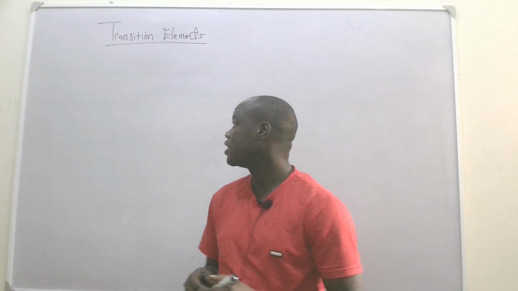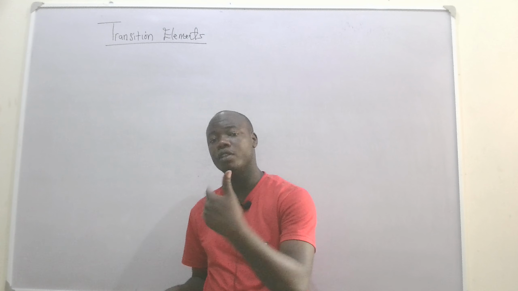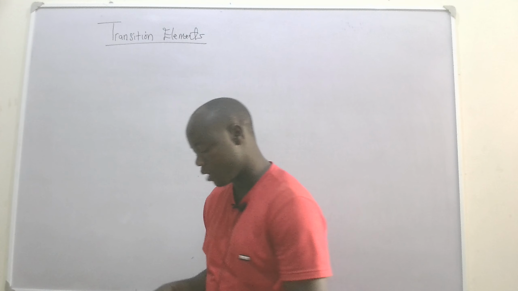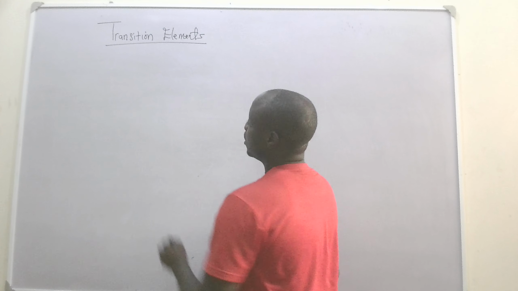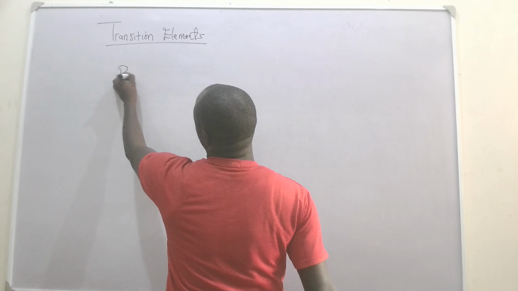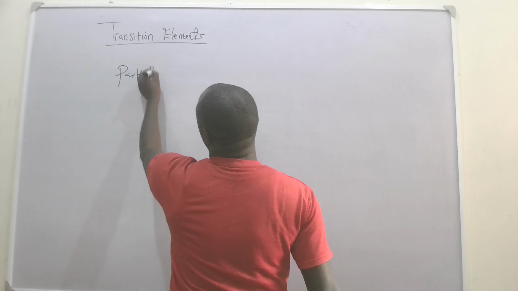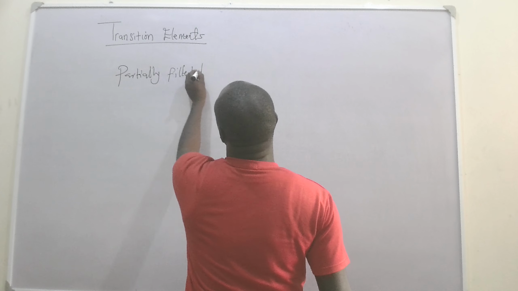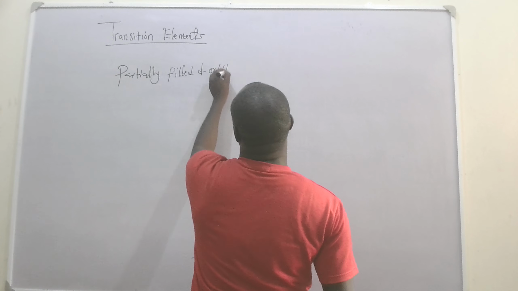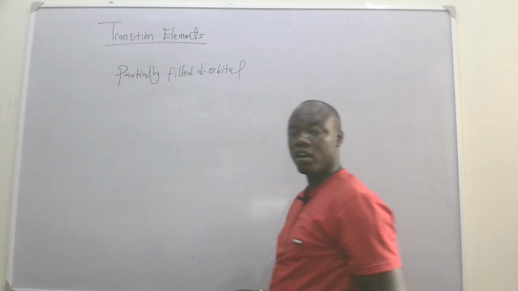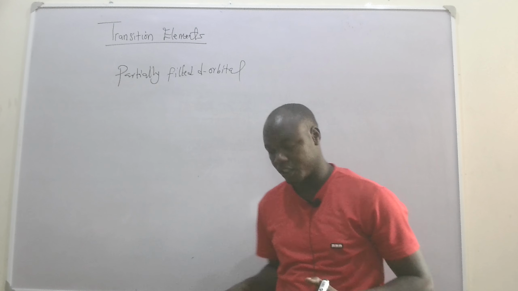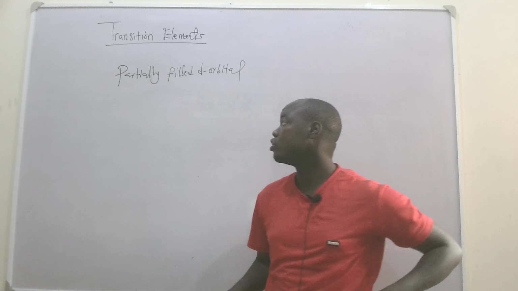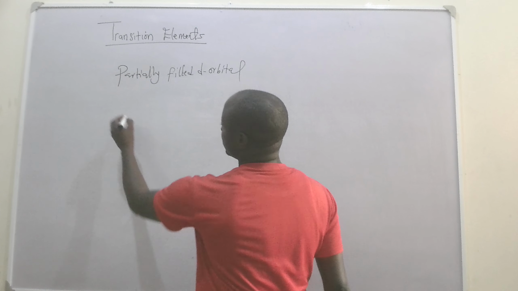So whenever you see an element that has a partially filled d orbital, that element is described as a transition element. As I said, we define them based on their partially filled d orbital. So let's give examples.